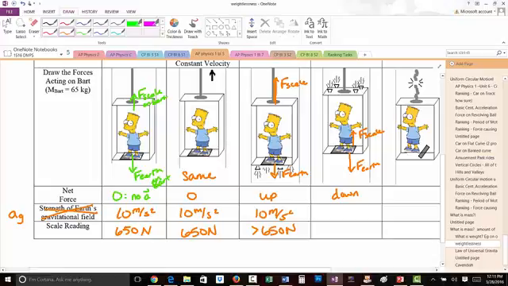Tell me about the acceleration due to gravity in that one. Still same, right? Tell me about the scale reading. It's less than 650. So he loses weight. Loses weight, right?